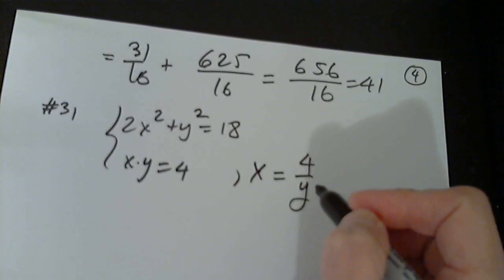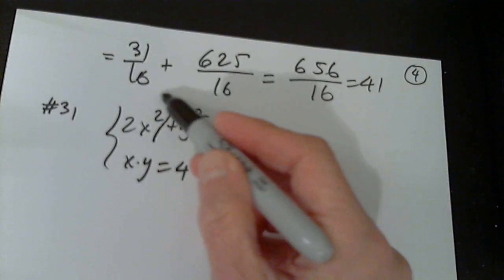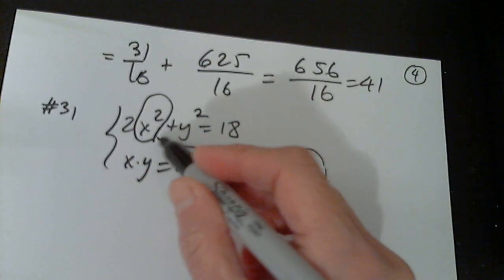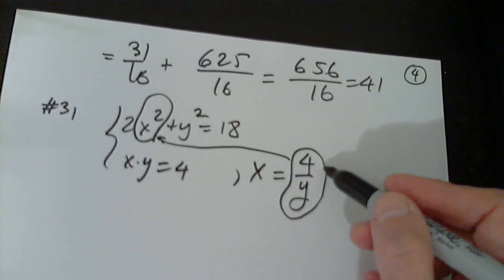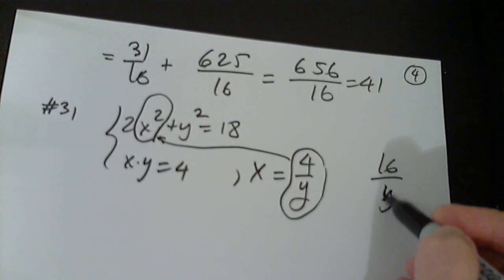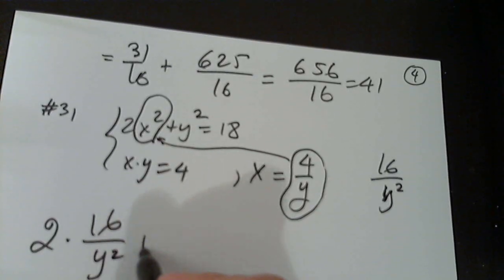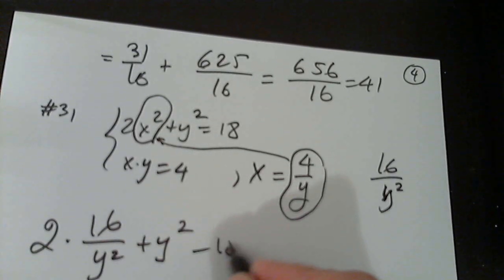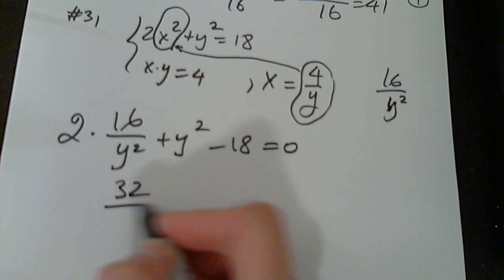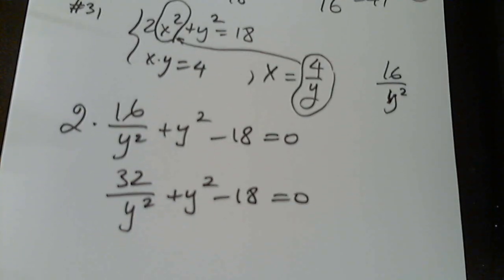So it's 4 over y, which means now I have to go back here and replace x squared by 16 over y squared. So now 2 multiplied by 16 over y squared plus y squared minus 18 equals 0. 32 over y squared plus y squared minus 18 equals 0.